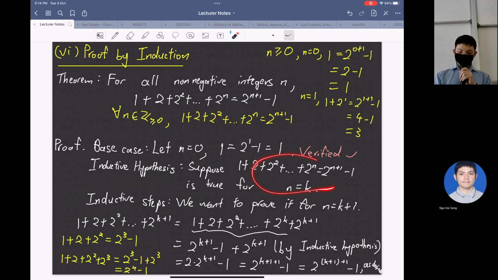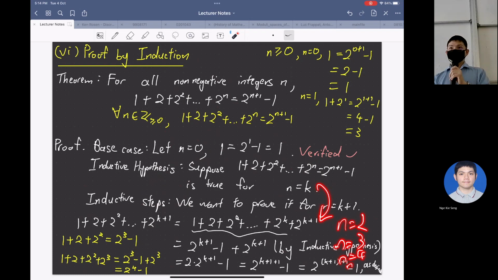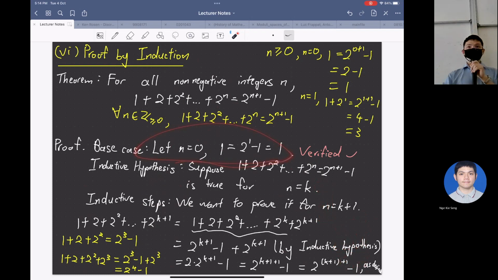The base case will prove the n equals to 1 case, and then the n equals to 1 case can prove it for n equals to 2 case, and then keep going. So that you prove all of them starting from n equals to 0.